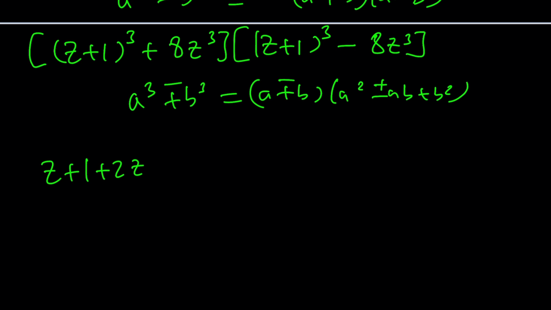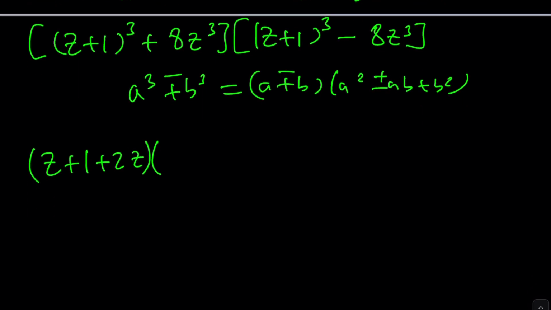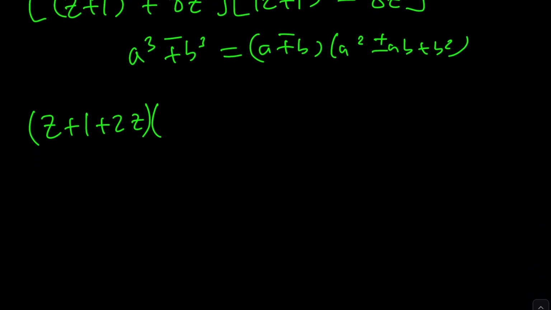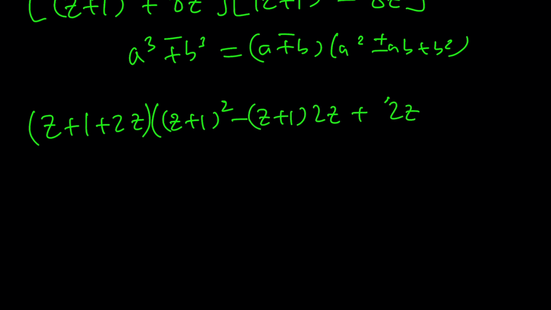That would be one of the factors, which is like a + b. And the other factor would be (z + 1)^2 - (z + 1)(2z) + (2z)^2.